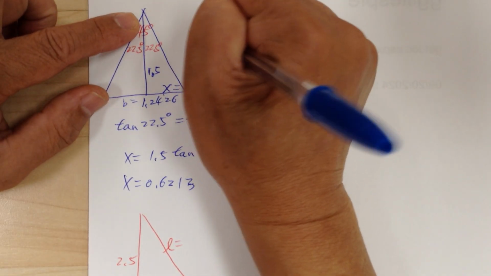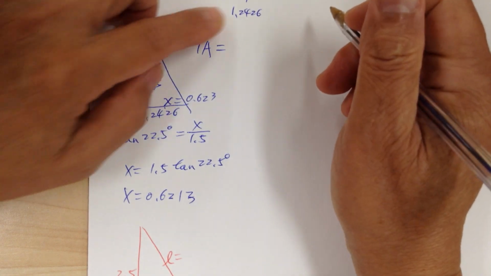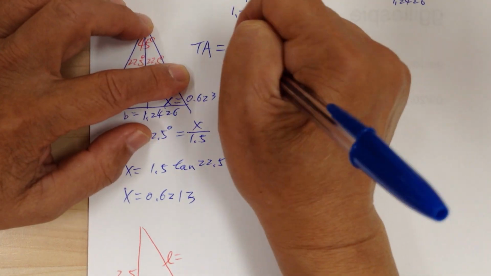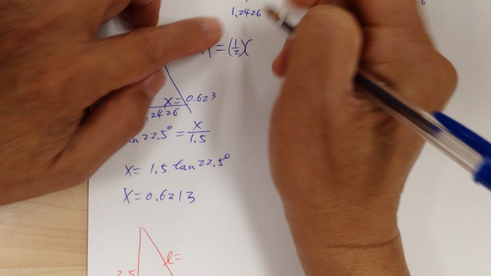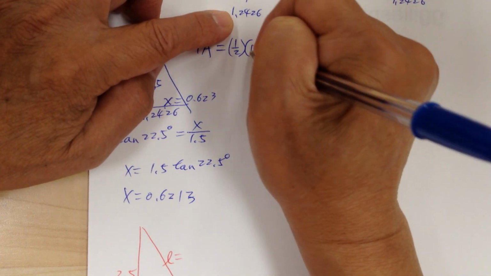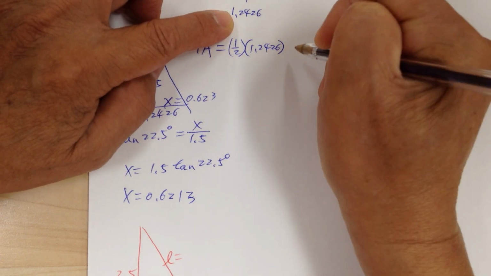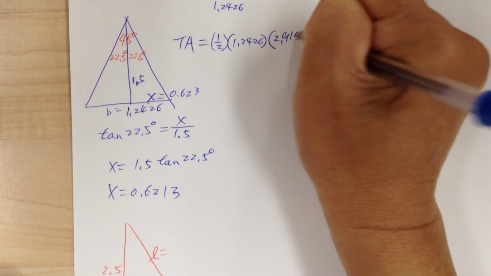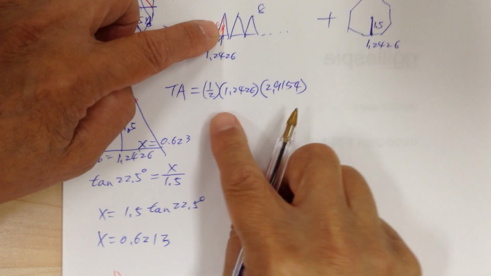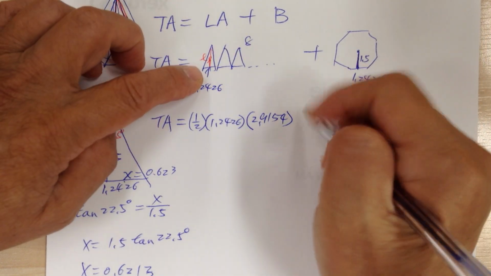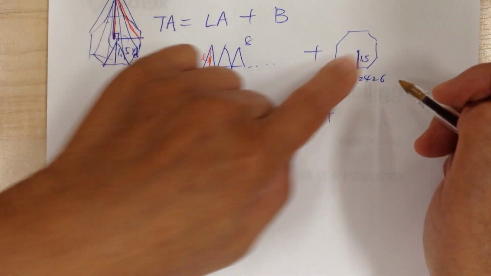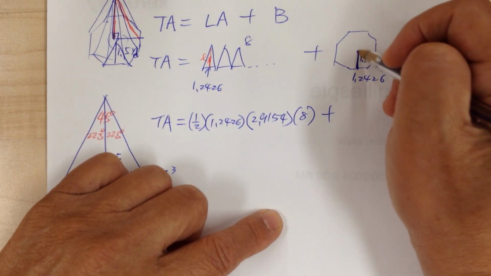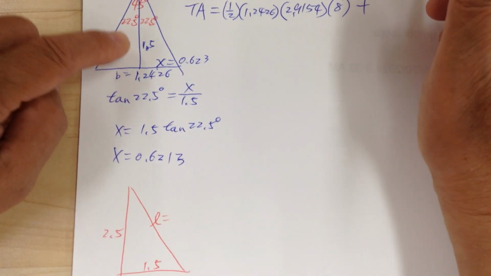Okay, so total area. The triangle would be 1/2 base, so it'd be 1.2426, times the height. That's the L, 2.9154. So that's one triangle, and it's an octagon, so there are 8 of them, so you have to times by 8. Now this area over here, you have to use this triangle over here.